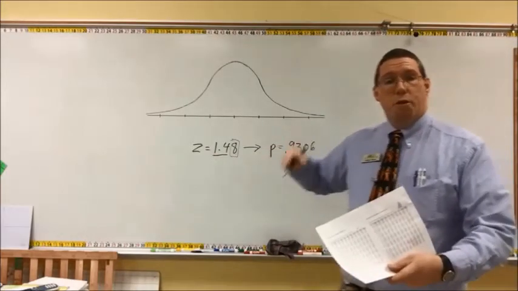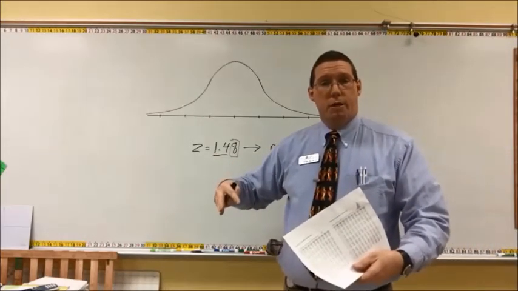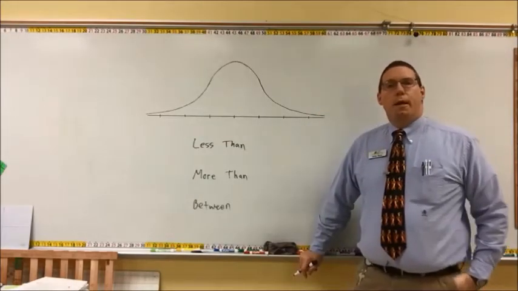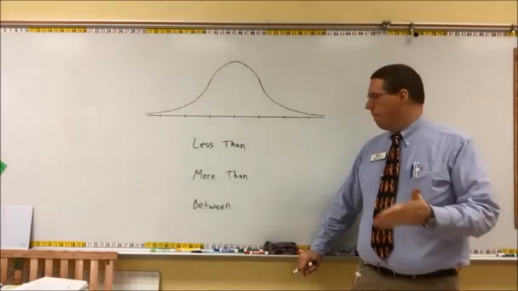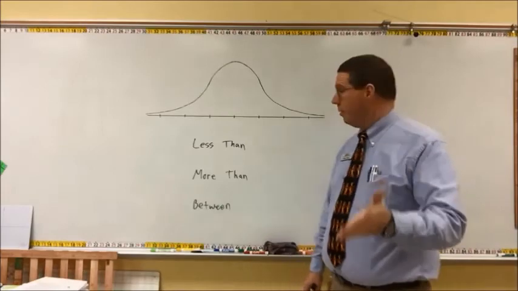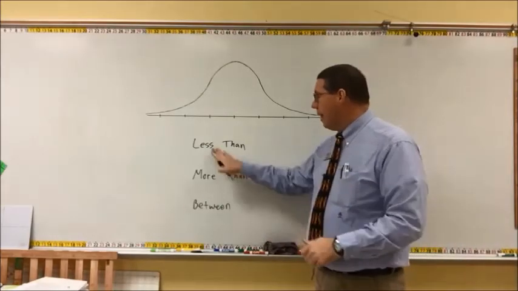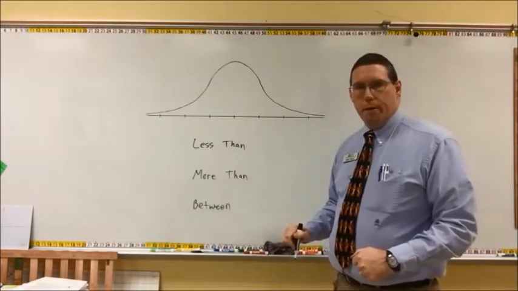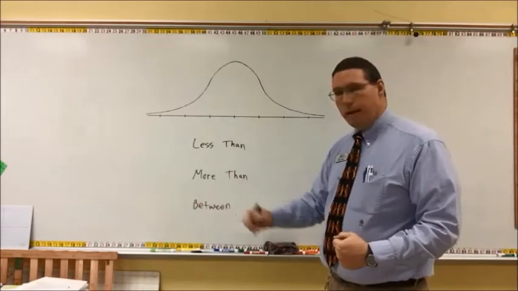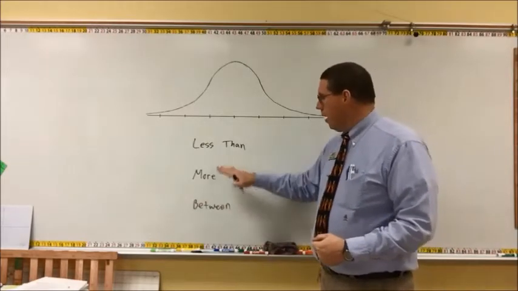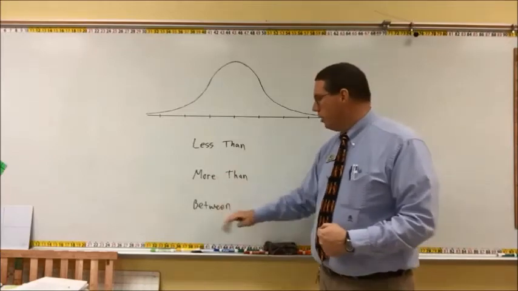And now I'm going to show you the third thing that I need you to understand. You need to be able to identify a less than proportion given a z-score and a z-table, a more than proportion, and a between proportion.